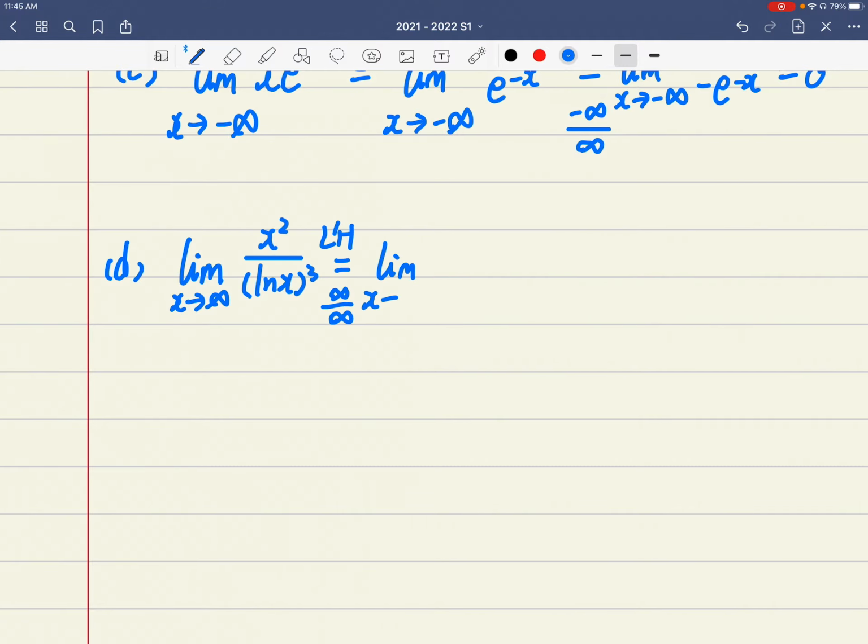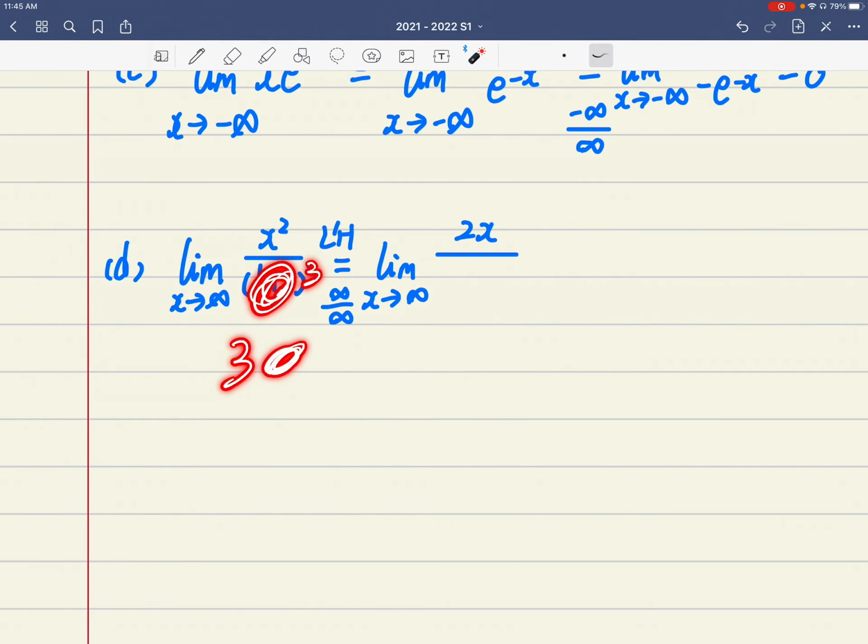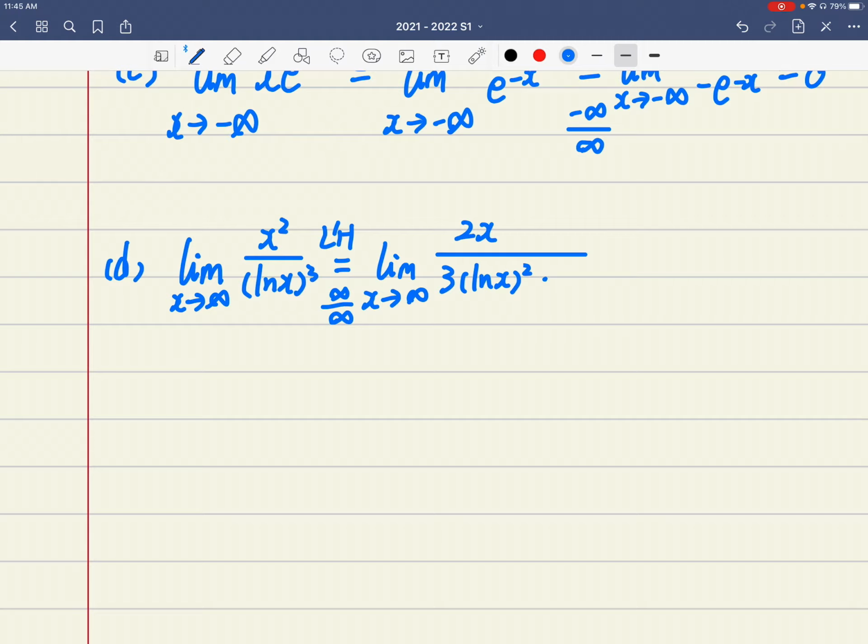Differentiate the top, x squared, the derivative is 2x. You differentiate the bottom, it's a chain rule. First is something cubed, the derivative is 3 times something squared. And then inside, ln x, the derivative is 1 over x.